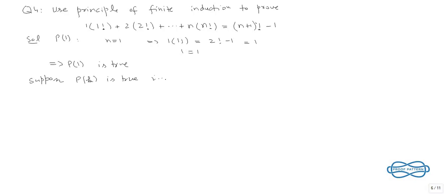That is 1 into 1 factorial plus 2 into 2 factorial plus so on k into k factorial is equal to k plus 1 factorial minus 1. And this is the hypothesis.